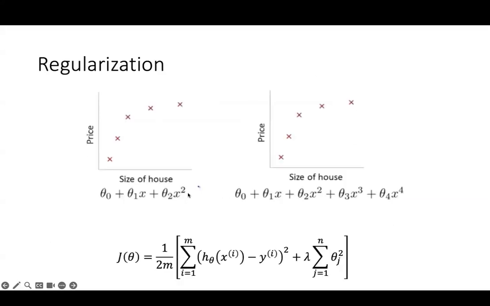So regularization, you add this term dito sa cost function. So instead of just having this value, you add this term. Lambda times the sum ng lahat ng weights. And when you add that, this lambda can be any positive value, and that's something that you optimize then.